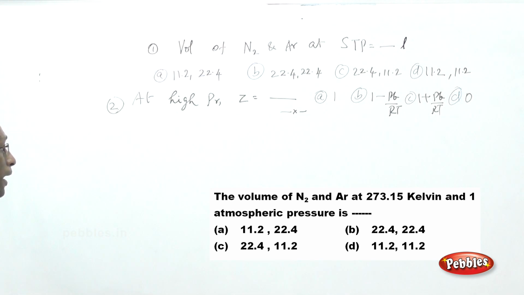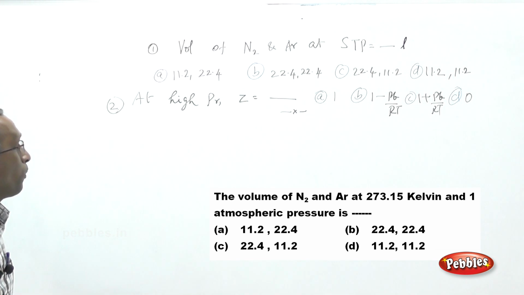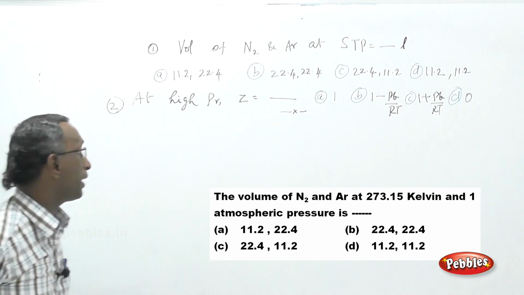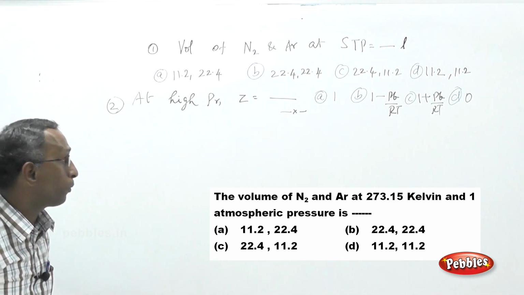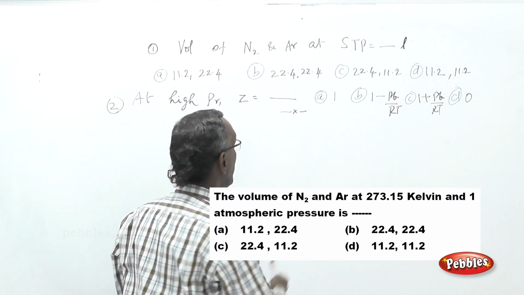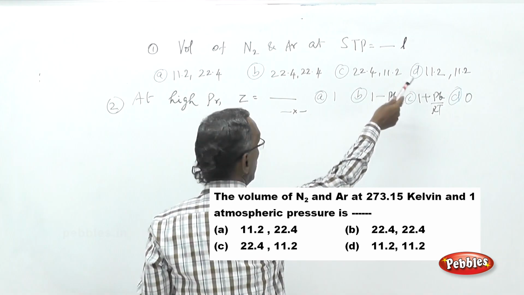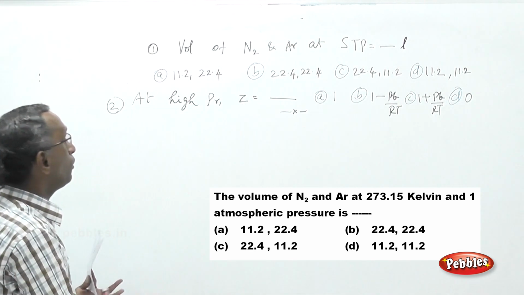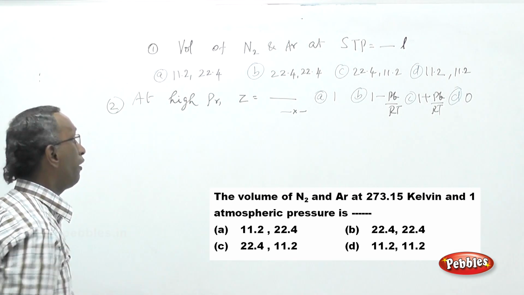One choice is nitrogen 11.2 liters and argon 22.4 liters. In the second choice, both volumes are 22.4 liters. So really different choices are given, with the same volume for both but different numerals, and opposite volumes also given. The molecular formula also differs.